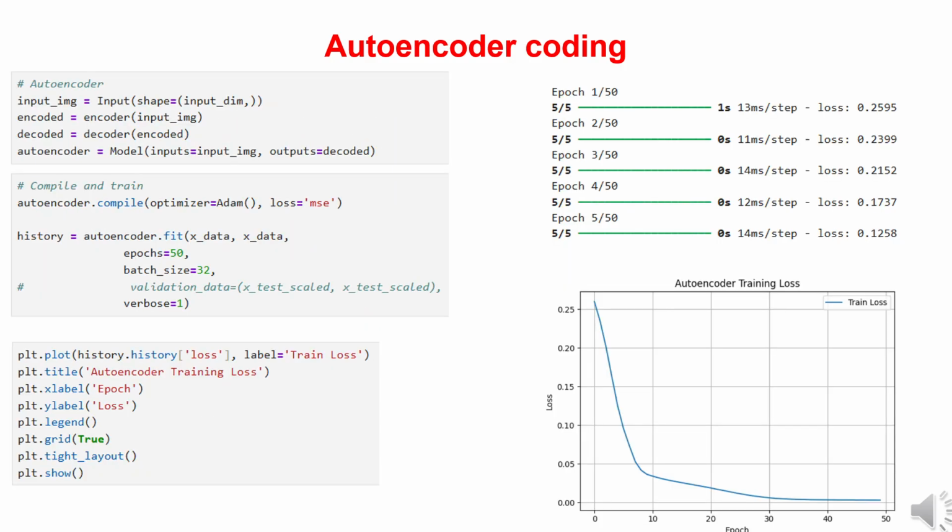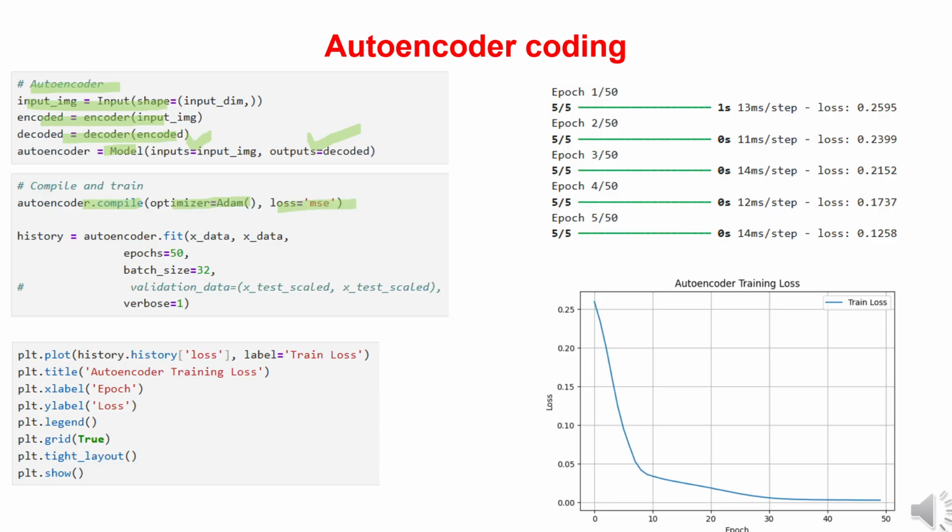Next, we connect the encoder and decoder to build the autoencoder. The input data passes through the encoder and then into the decoder, defining a model that flows from input to output. We then compile the model using the Adam optimizer, which is well suited for stable training, and we use the mean squared error as the loss function.